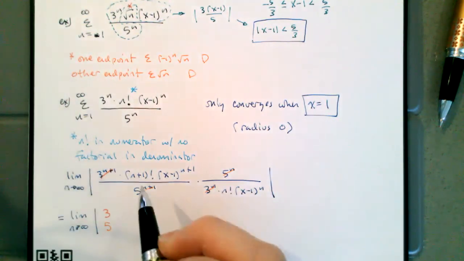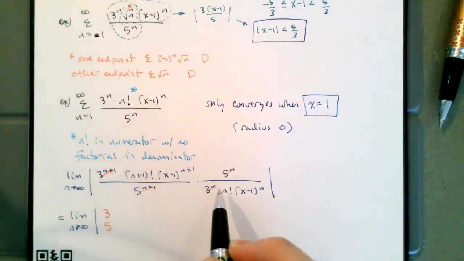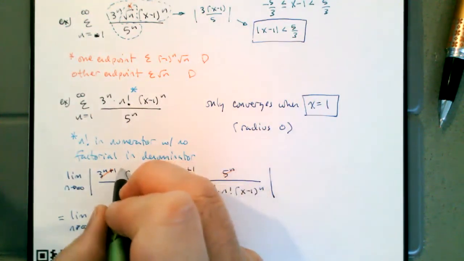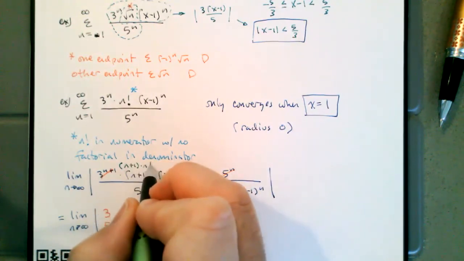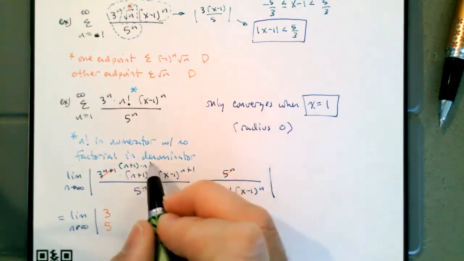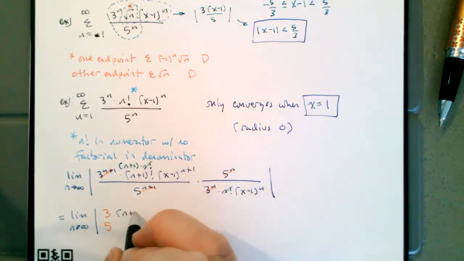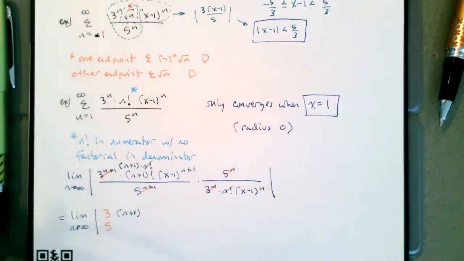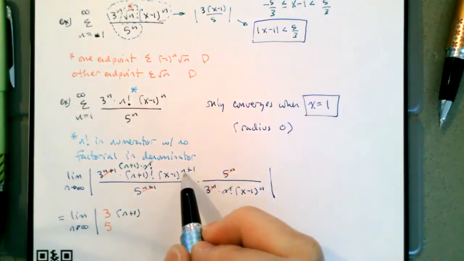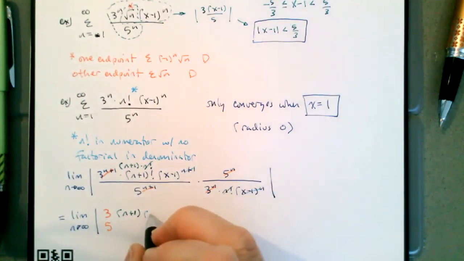We cancel out the factorials by writing the larger factorial until we get to the smaller factorial, and we keep doing this until we can just see how things are going to cancel. So the n factorial cancels out, leaves an n plus 1 in the numerator. And then the x minus 1 to the n plus 1 cancels an x minus 1 to the n and leaves x minus 1.